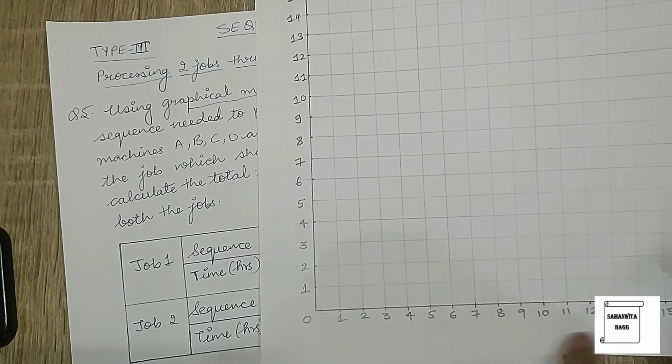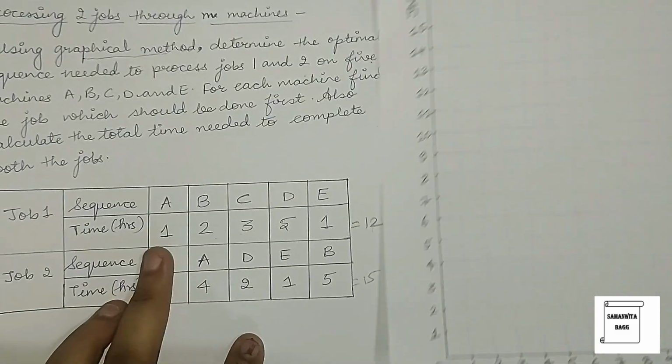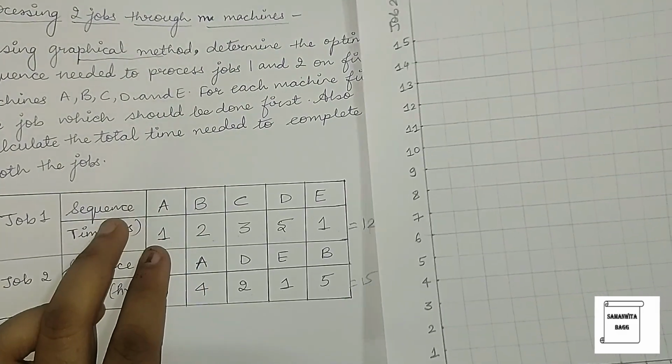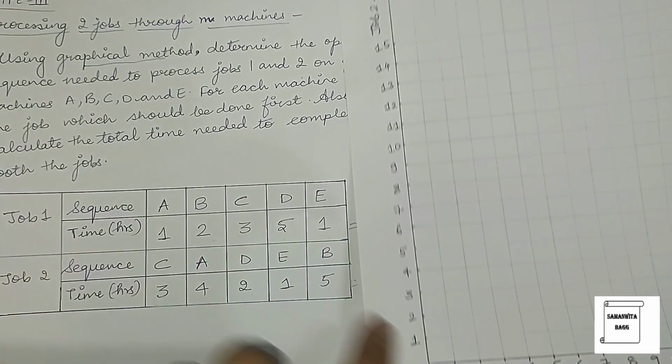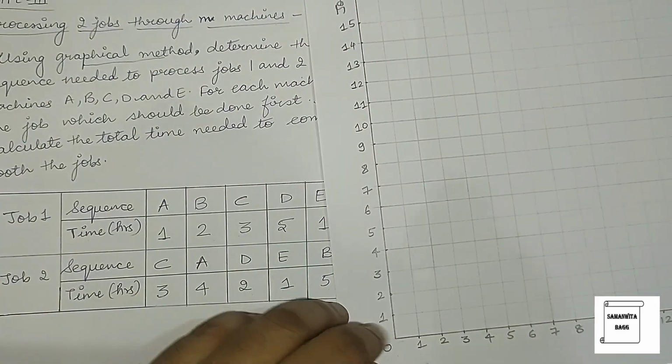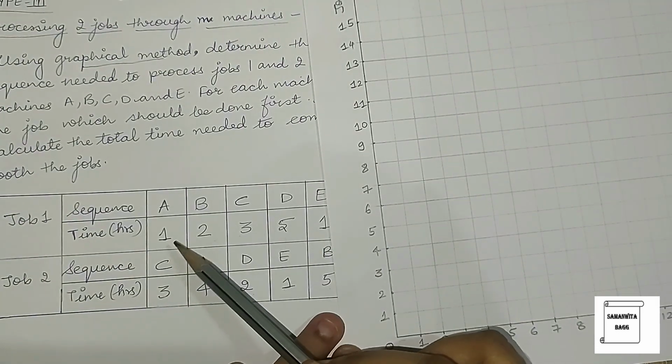Before that, you need to mark something. For job 1 on the x-axis, you will have to mark these timings. You can see here, A is indicating 1 hour, B is indicating 2 hours, C is indicating 3 hours. So accordingly, I will plot over here. The first 0 to 1 is indicating A, because the time is 1.